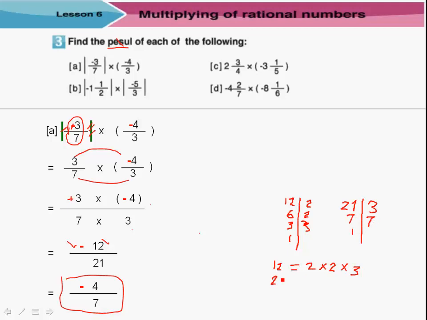So 21 is equal to 3 times 7. 2 is not repeated here, it is not in both analyses. It is found only here. 3 is here and here. So you have 3. 7 is here but is not here. So both of these two numbers can be divided by 3. That is why we divide 12 by 3 and 21 by 3.